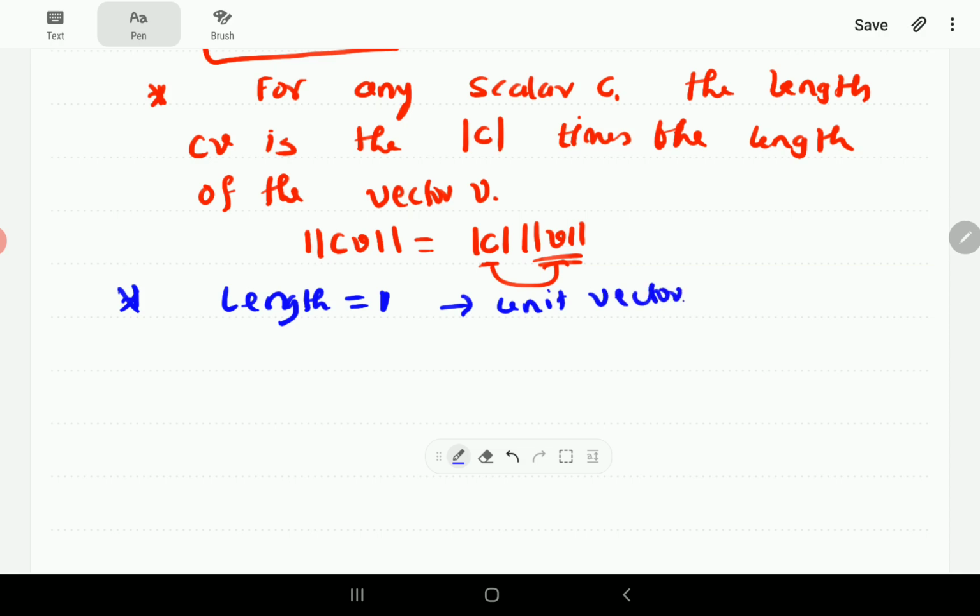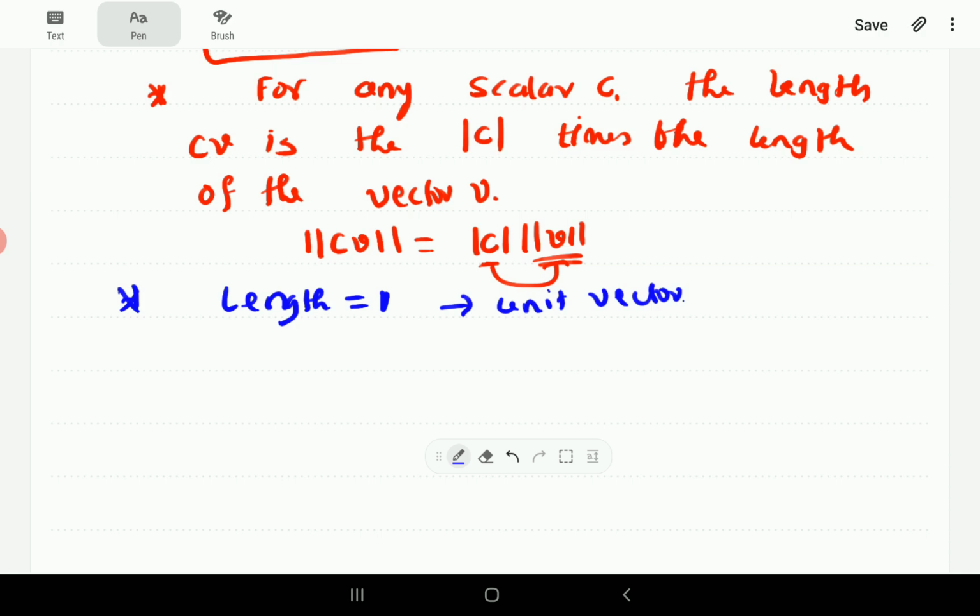If we divide a non-zero vector by its length, that is, multiply it by 1 upon norm v, then we obtain a unit vector u, because the length of u is 1 upon norm v times the norm v, which is 1.